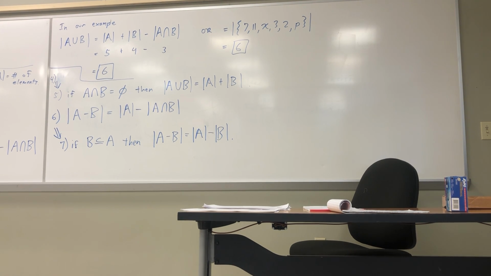So you can just subtract it all off. So, like number 5 and number 7 there, where you have an if statement first, those make nice shortcuts. You can just do straight up addition or subtraction, but you have to check something first. You have to make sure that there's no overlap, or that one is entirely contained in the other.